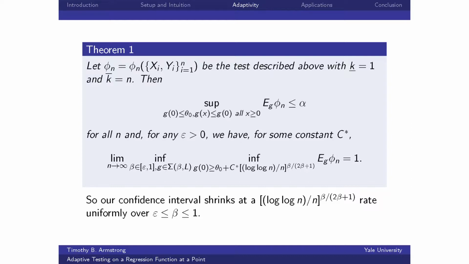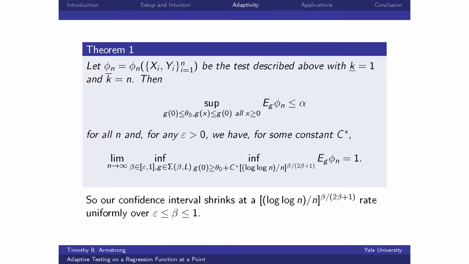then we want this uniformity, so we have these infima inside of this limit. So the limit as n goes to infinity of the worst-case power that you can get when you're in this class for some g, and there exists a constant c star, which you can also calculate, such that you're at least log n over n to the beta over 2 beta plus 1 away from the null.